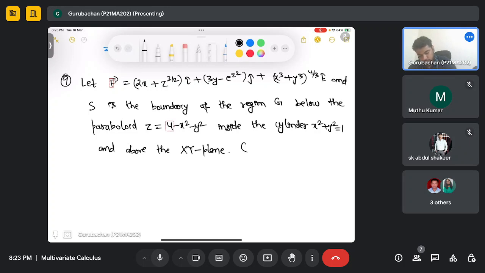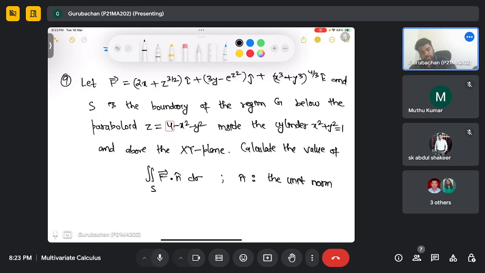Now calculate the value of the double integral of f dot n cap d sigma, and again n cap is the unit normal vector.